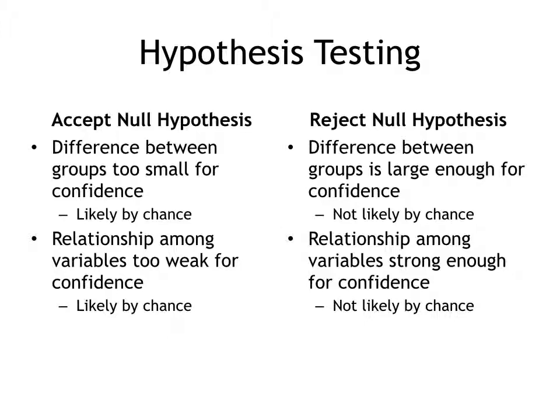And in that case, the null hypothesis stands. Now, if I'm going to reject the null hypothesis, I have to find enough evidence to show that the difference between those groups is large enough, and I've got enough confidence that it's not by chance that I found that difference. And if I'm talking about relationships, the relationship has to be strong enough to show up in my inferential analyses and not be likely by chance.